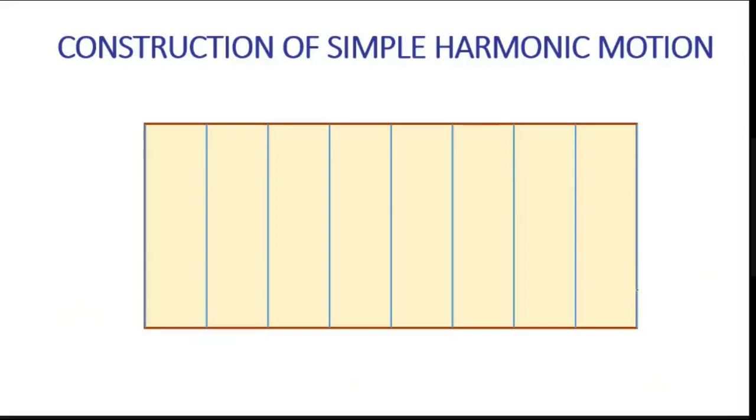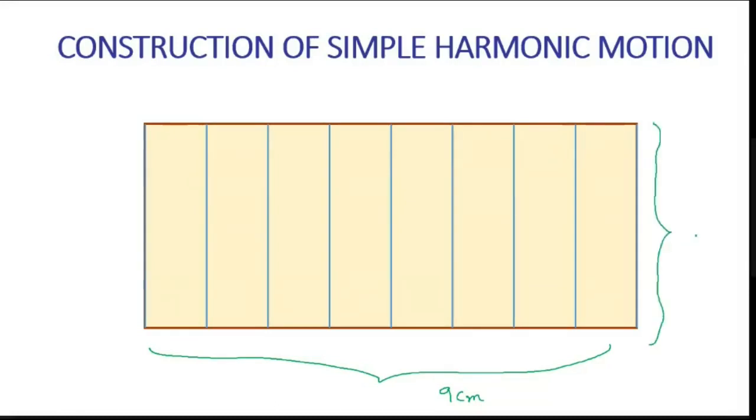Then, what is the length of my box? 9 centimeters. What is my height? Height is just the stroke length, how much your follower is moving, the maximum height of the follower.